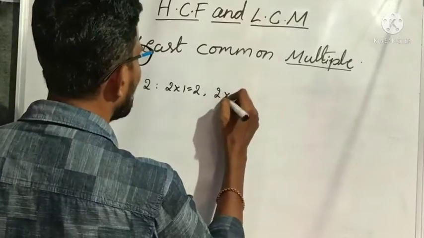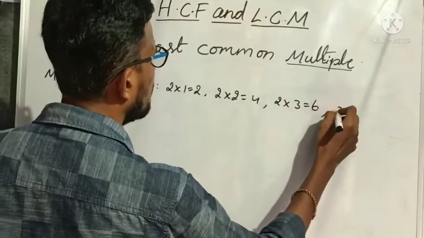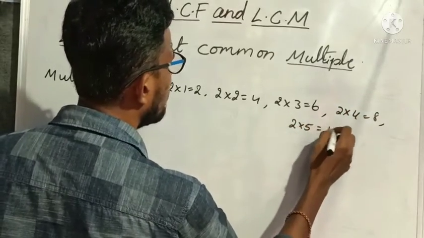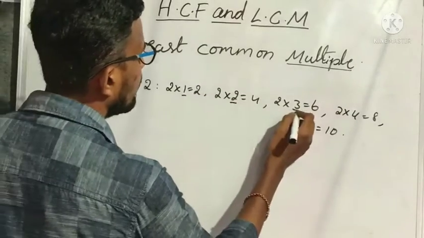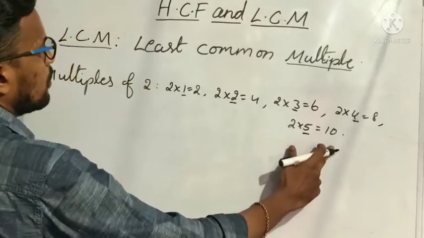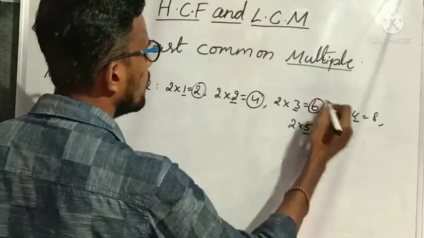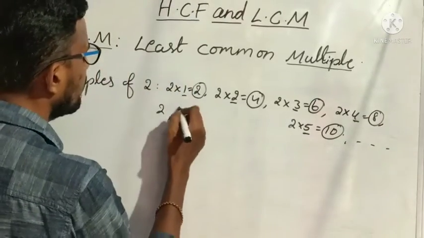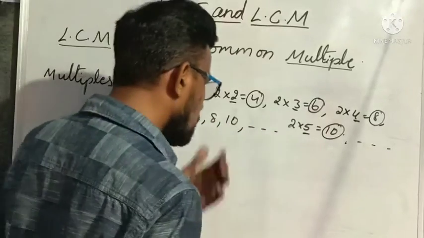So 2 into 1 is 2, 2 into 2 is 4, 2 into 3 is 6, 2 into 4 is 8, 2 into 5 is 10. Here I am multiplying with the natural numbers 1, 2, 3, 4, 5, and the results 2, 4, 6, 8, 10 and so on are all multiples of 2.